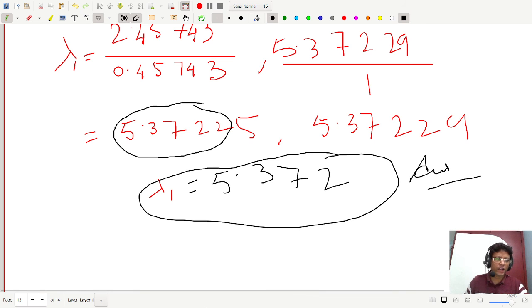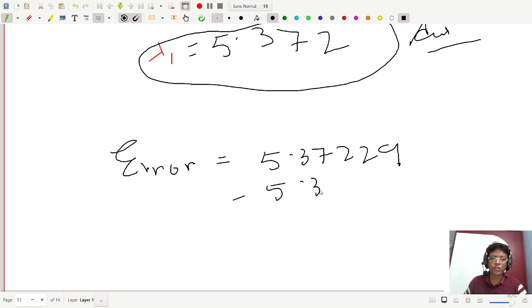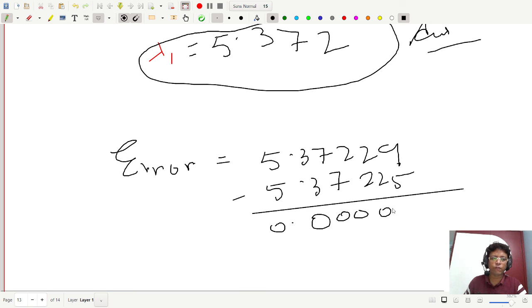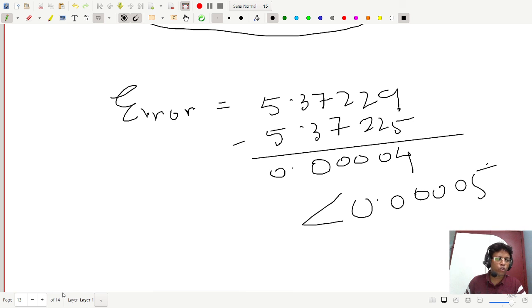Now, if you want to calculate the error, the error is this minus this: 5.37229 minus 5.37225, and that will be equal to 0.00004, and that is less than 0.0005.